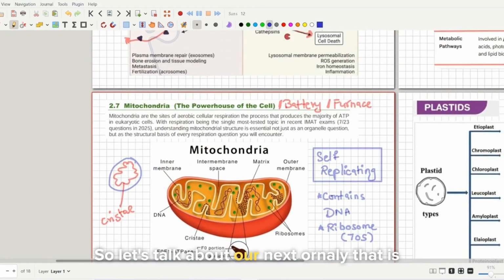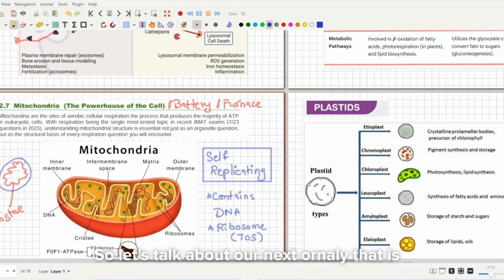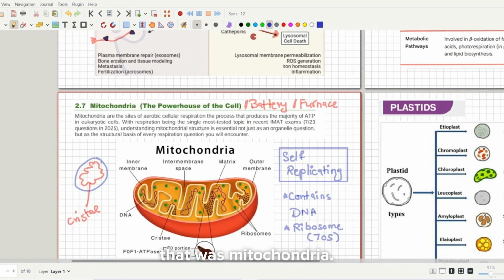So let's talk about our next organelle, the plastid. We discussed our first double membranous organelle, mitochondria. Oh, I just remembered a point. There was a concept about the envelope. We don't say that mitochondria has an envelope, because the mitochondria's inner membrane is not smooth. It has a velvety appearance.